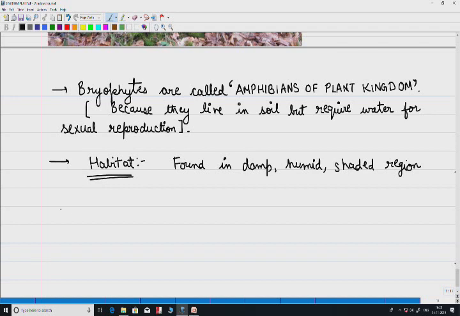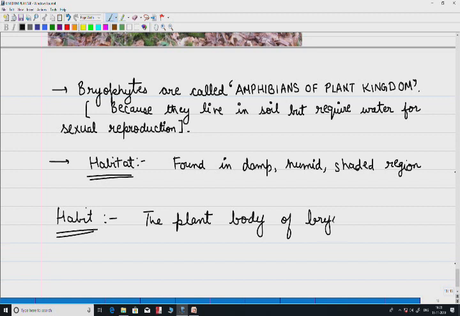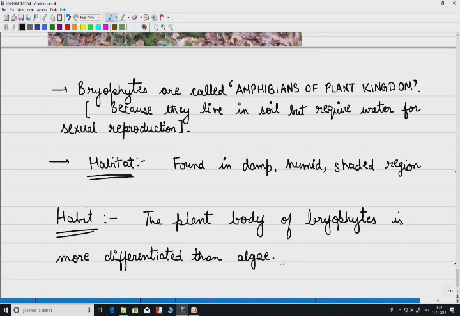So the plant body of bryophytes, habit: the plant body of bryophytes is more differentiated than algae.